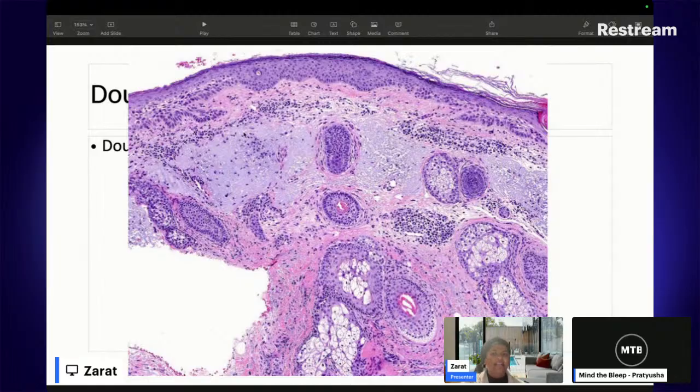And again, if you can appreciate these purple chunks, it's supposed to be nice and pink and smooth like here, but then we have these purple chunks. That is our sun damage, our solar elastosis. We expected it to be sun damage, so sun damaged skin.